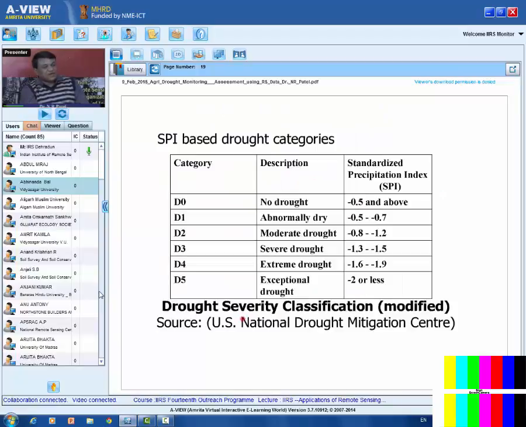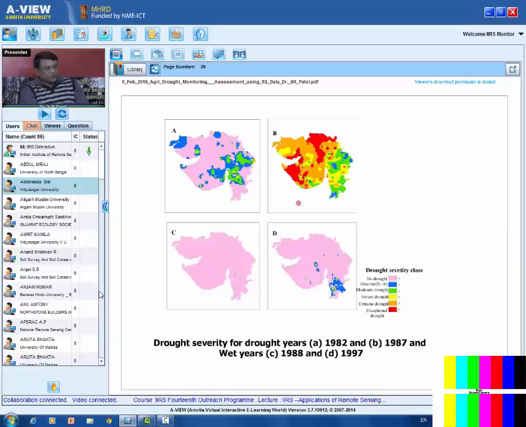It can be categorized based on the US National Drought Mitigation Center classification into different categories. So in 1987 there were different drought classes, moderate to exceptional drought conditions. The rest, this is 1982, but in 1997 and 1988 there was no drought.